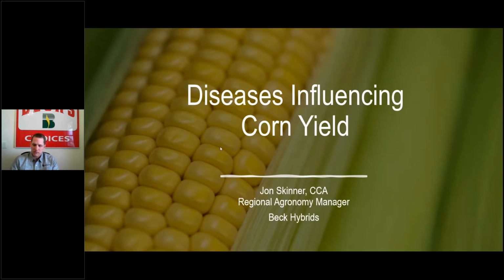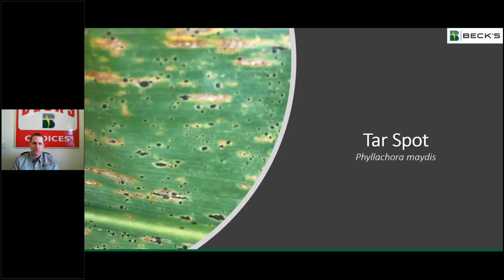The first one that we are going to talk about is going to be tar spot, Phyllachora maydis. It's very identifiable. You can see it there in the picture as the black lesions on that corn leaf. So obviously its name is very indicative of the way it looks. It looks like spots of tar on the corn leaf.